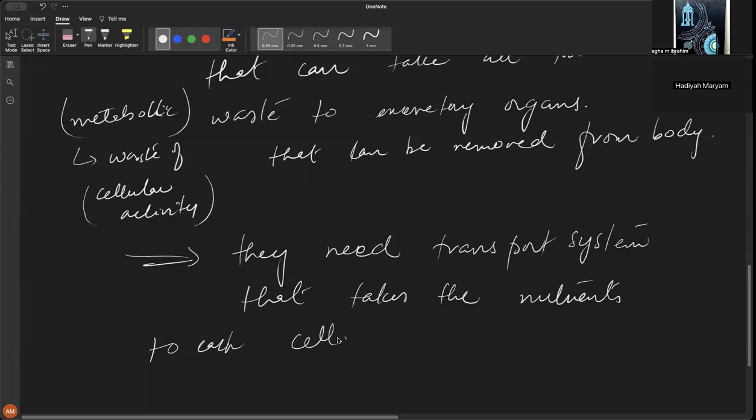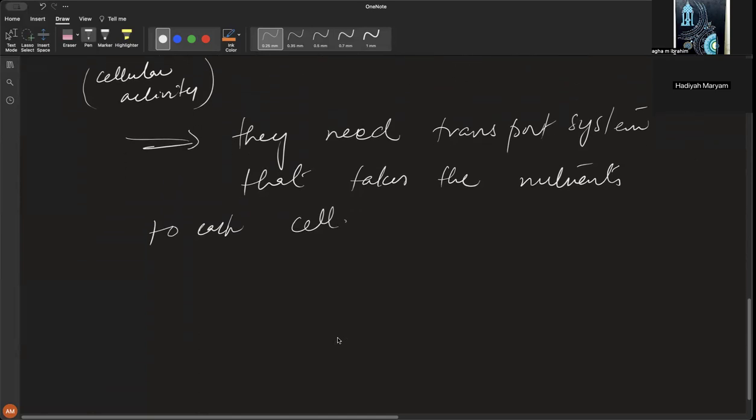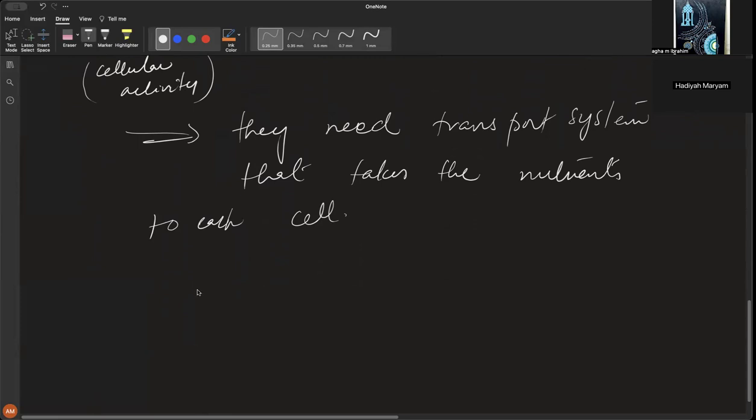There need to be organs which are going to do that, and then take all of those nutrients, like oxygen, whatever they need, to the cells, right? Need a transport system.